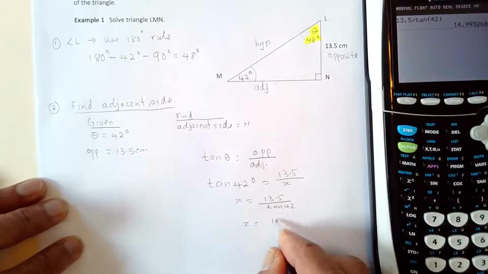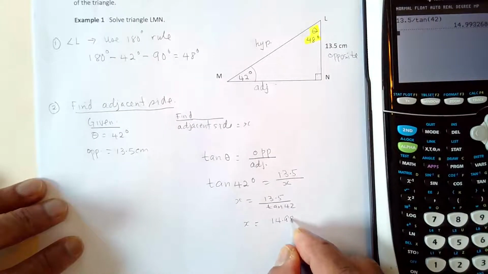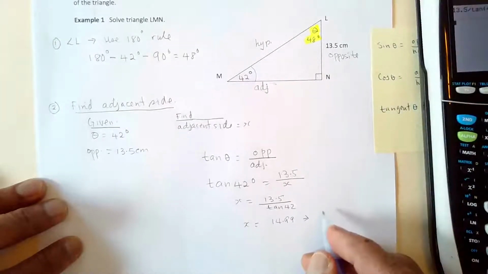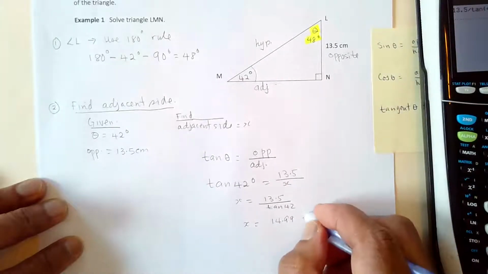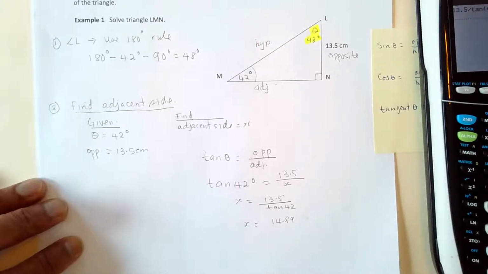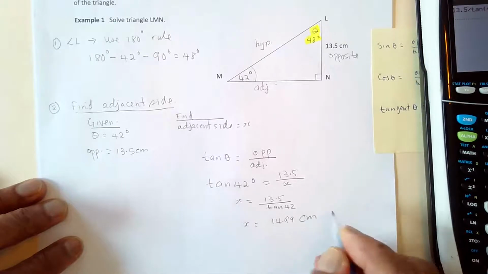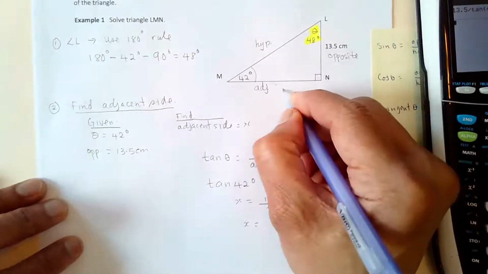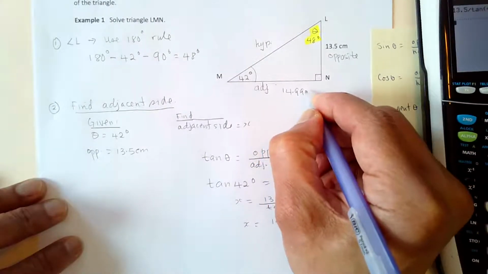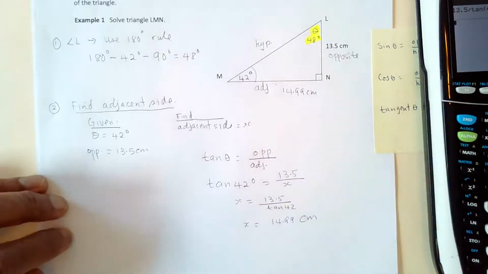So we can round it up to 15, but we'll leave it as 14.99 centimeters. So now we can say this is 14.99 centimeters. So we'll highlight that.